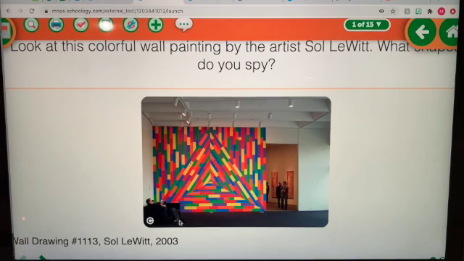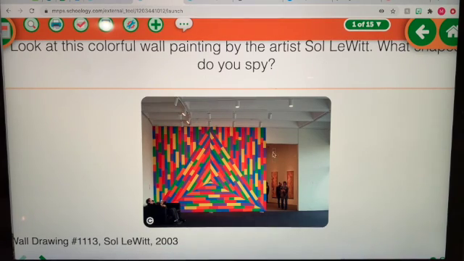There are three main shapes. We've got the outside, that's a square. The inside is a triangle, and then there's some little triangles inside the big triangle. And then all of the colors inside are made up of rectangles.